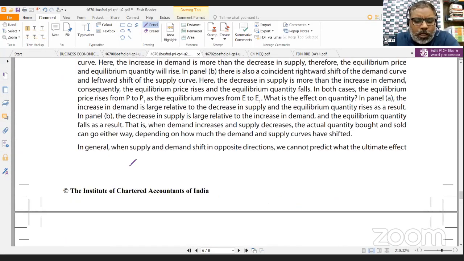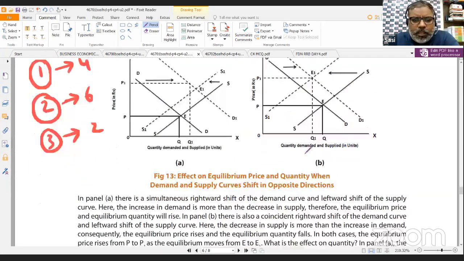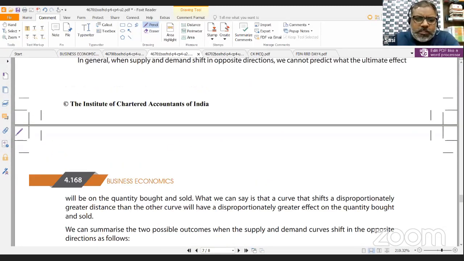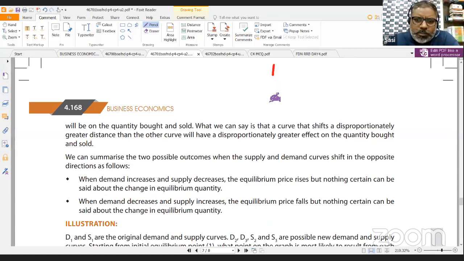Before going to multiple options at the same time, let us quickly draw something to understand what happens if demand and supply go in opposite directions. Let us take, as usual, a small demand and supply. Demand is increasing. Supply is decreasing. That's what happened.